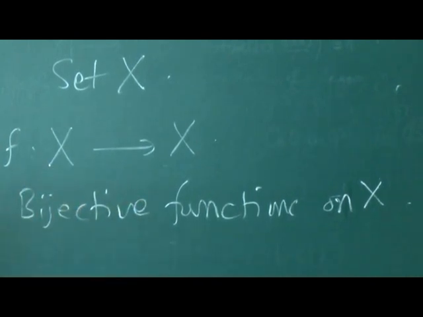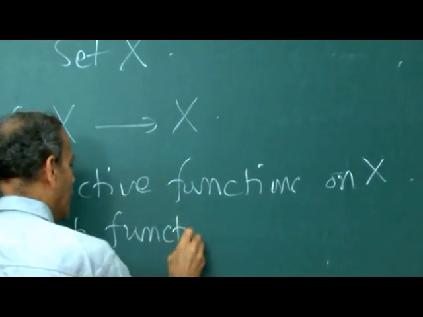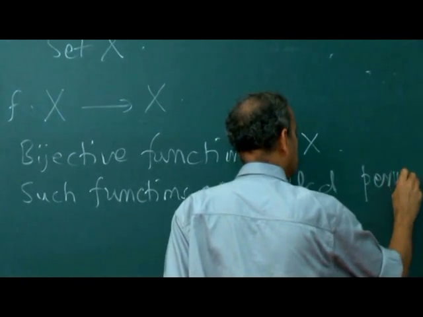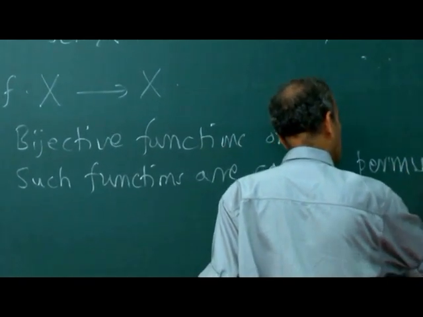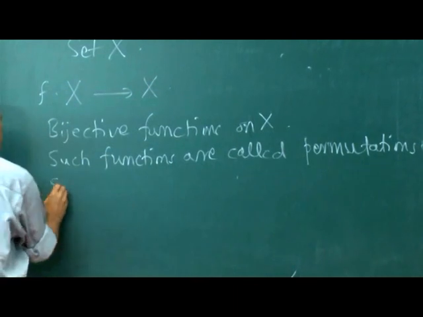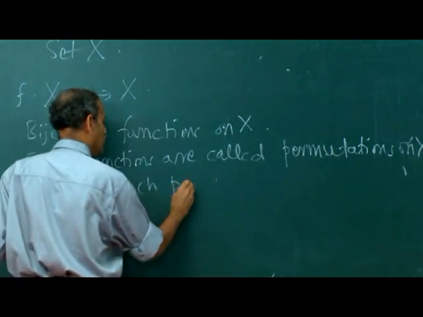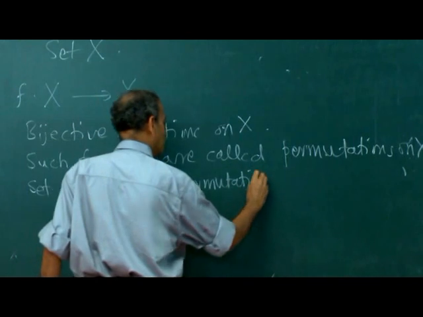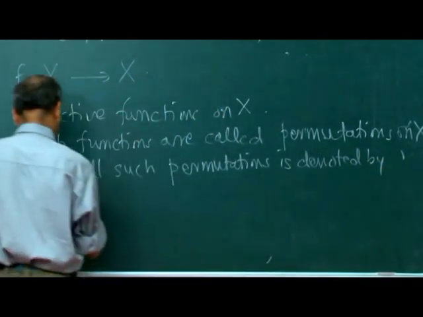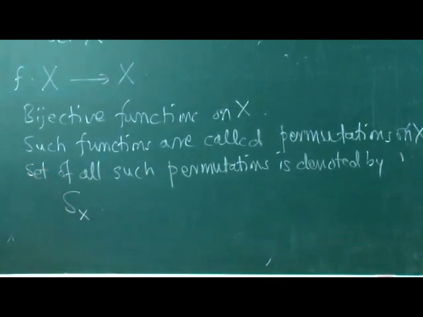Such functions are called permutations on X. The set of all such permutations is denoted by S sub X. So S sub X is all permutations of elements of X.